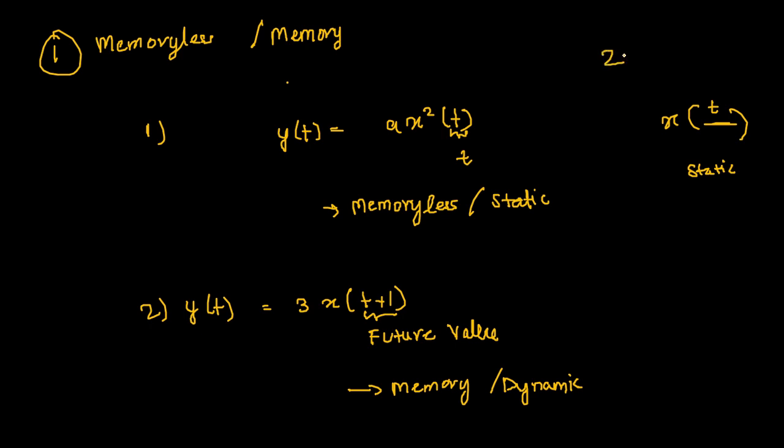So it doesn't matter whether you have 2x of t or x square of t. All of these don't make a difference to our answer in this case. The only thing that matters is what is inside the bracket. So if you have anything like t square, t plus 1, and so on, you can say that it depends on either a past or future value of t, due to which it becomes a dynamic system.